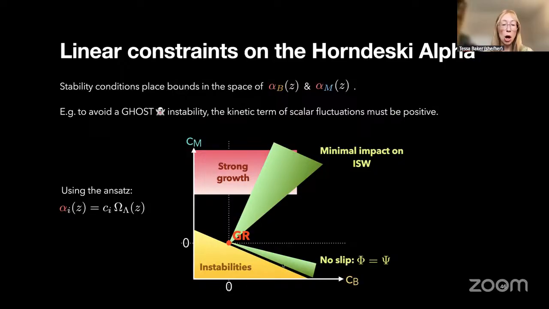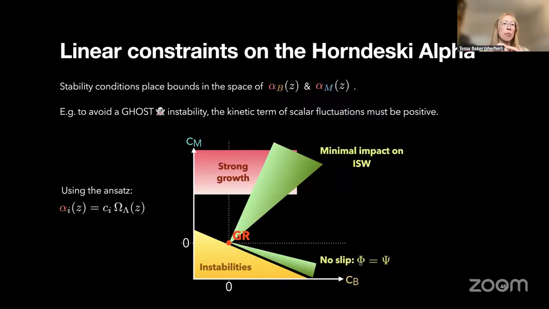So this lower direction turns out to be a region in parameter space where there is no slip. When we did a little bit of perturbation theory yesterday, we said that we have these two metric potentials, phi and psi, and in GR those two potentials are identically the same.